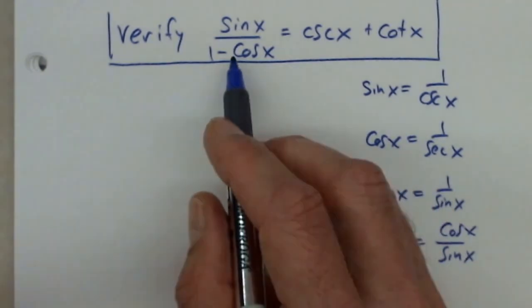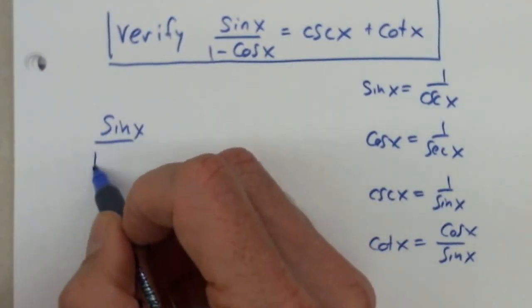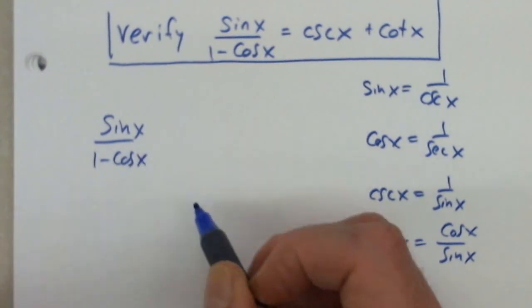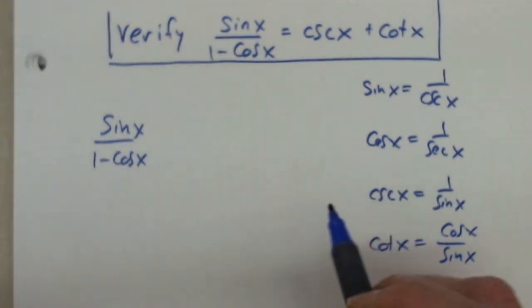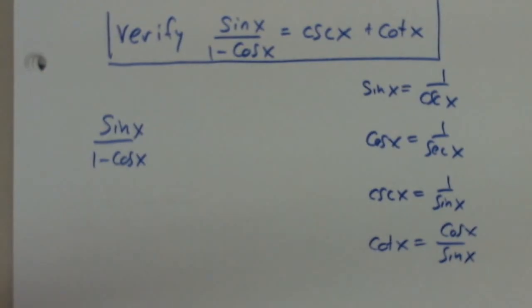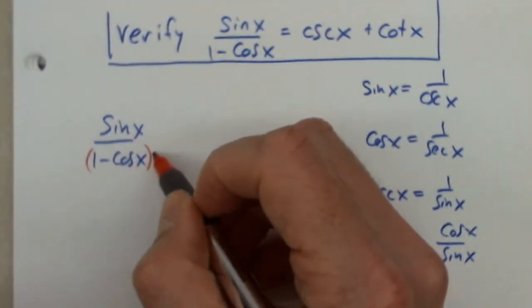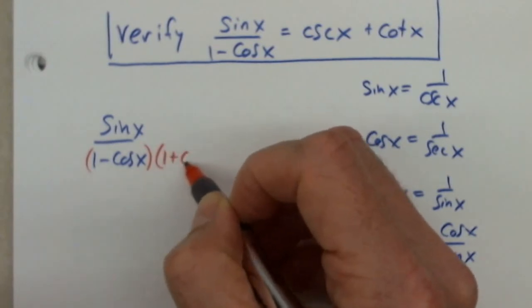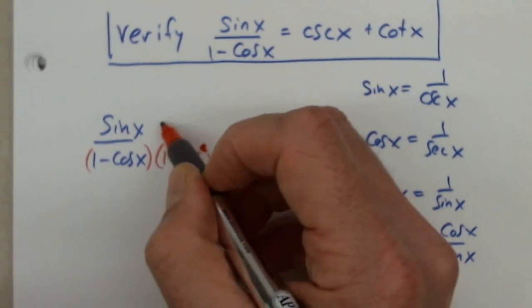So let's work on that side. And when you see a 1 plus cosine, 1 minus cosine, you can create a Pythagorean identity. That's not squared.